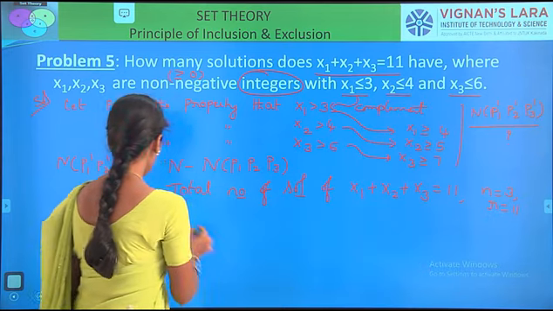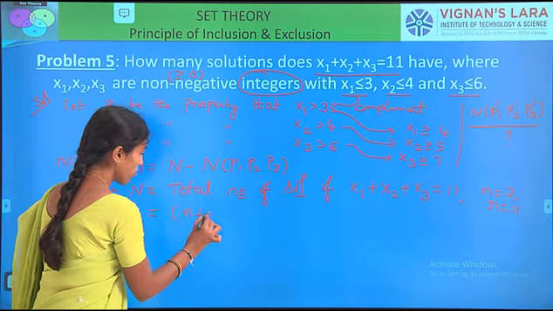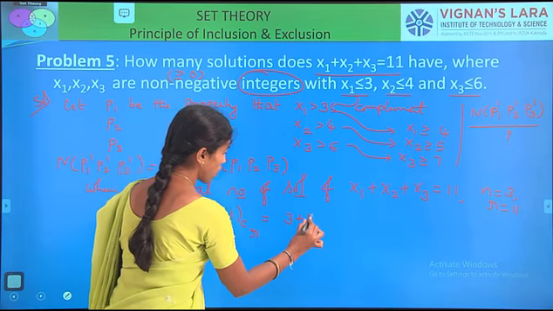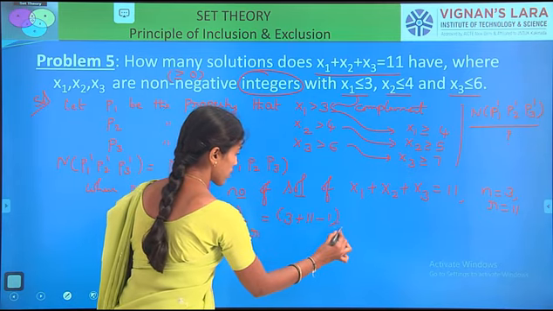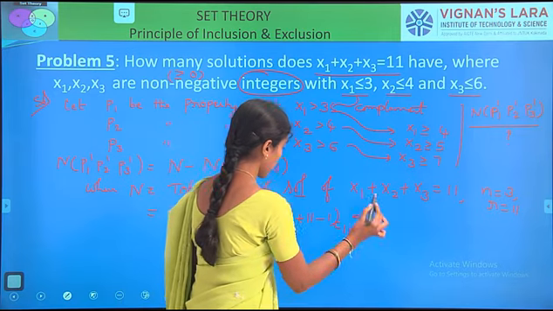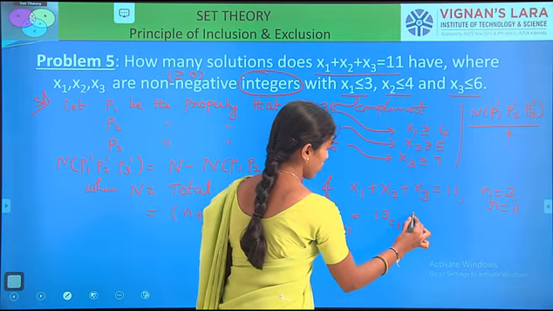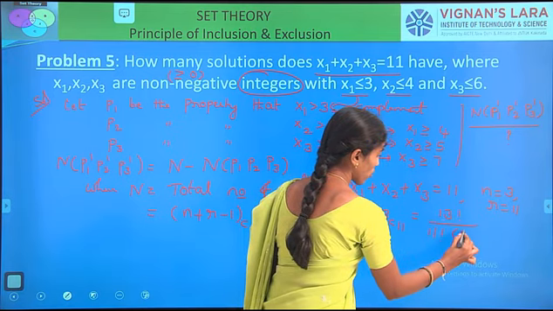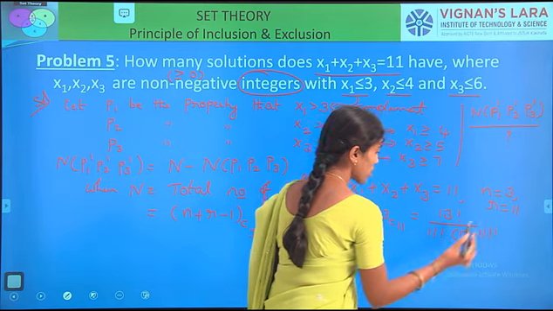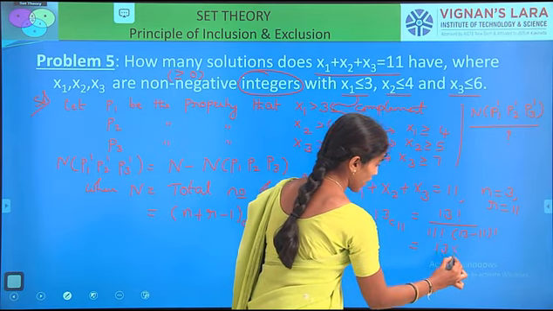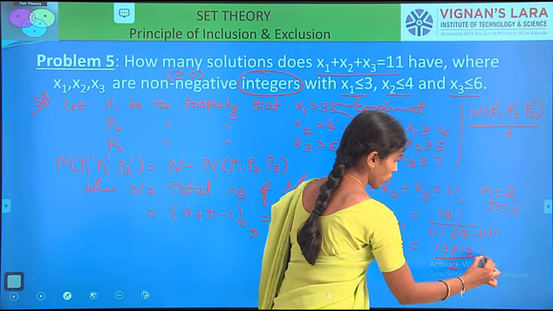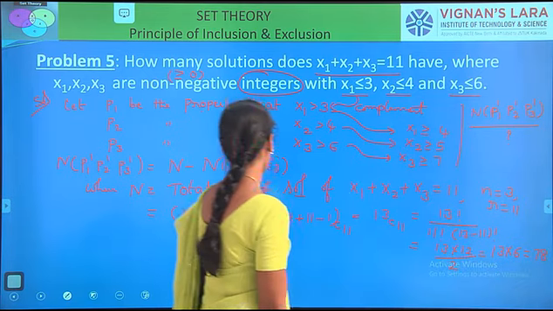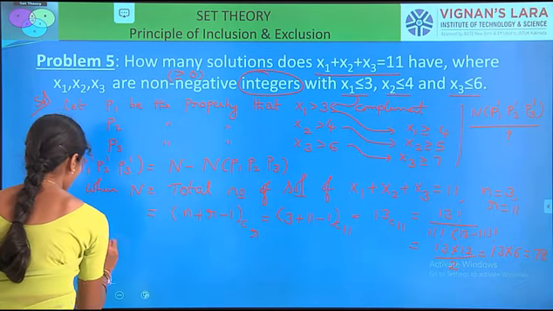So what is our formula? n plus r minus 1 C r. N value 3, r value 11, so 3 plus 11 minus 1 C 11. It is 13 C 11. The nCr formula is n factorial divided by r factorial times n minus r factorial. So 13 into 12 by 2, which is 13 into 6, the value is 78. Right?